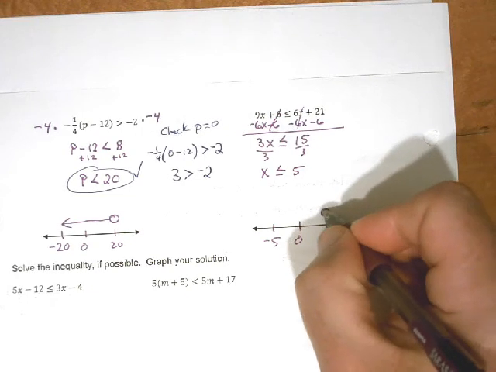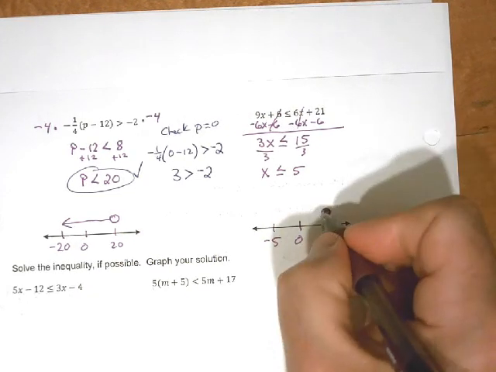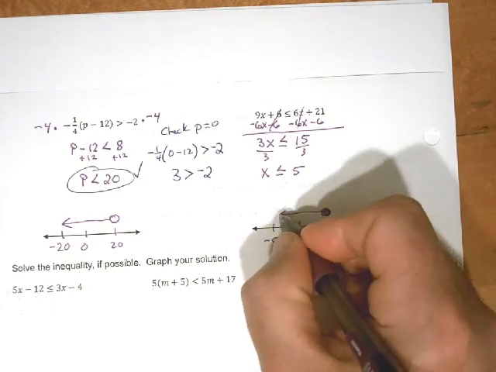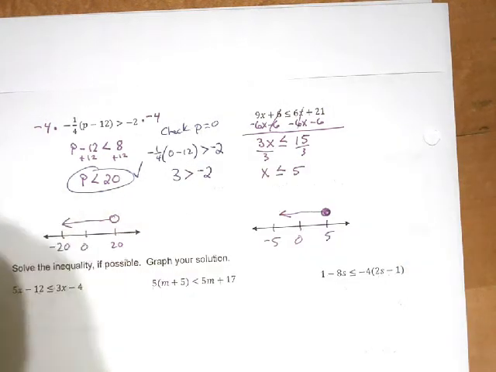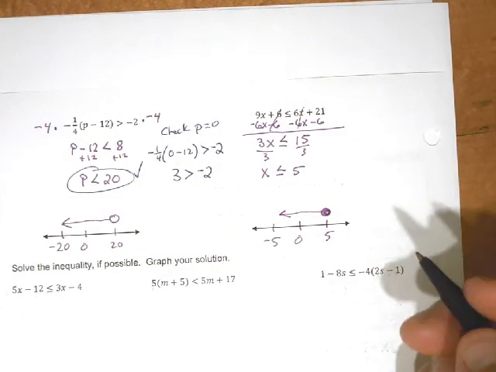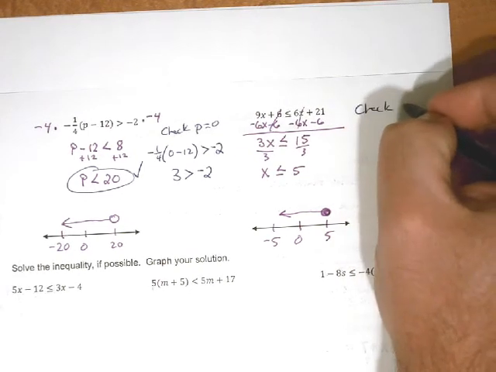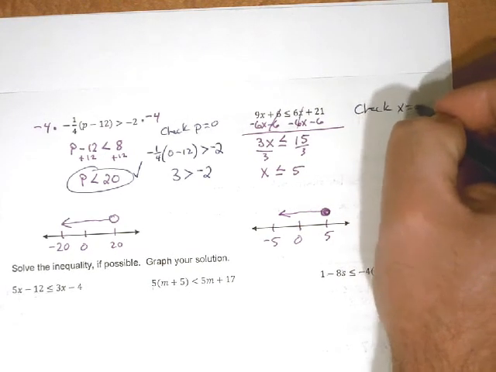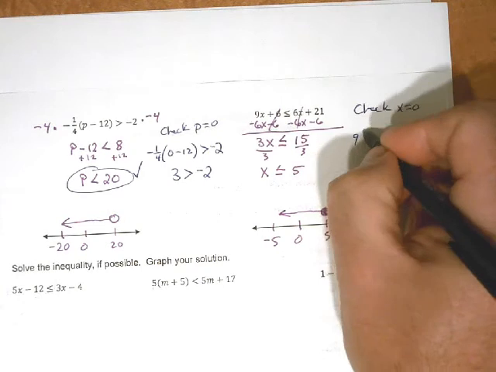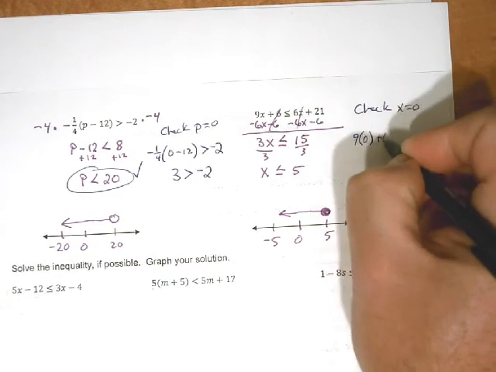So on our graph, put the plus and -5 down. It is an equal to sign, so it will be shaded in. And then as long as your variable is on the left, the arrowhead tells you which direction. So again, 0 just happens to be one of my answers, so again, I'm going to use that one.